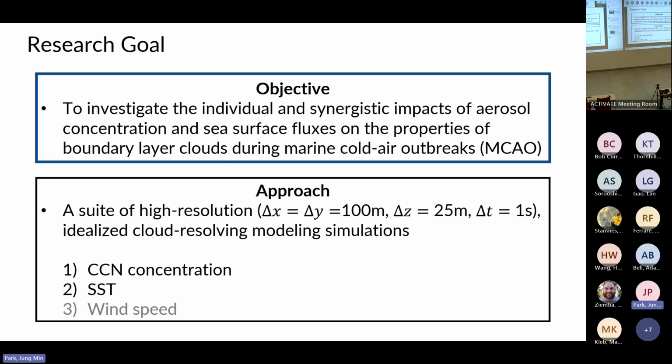We use high resolution idealized cloud resolving simulations, perturbing CCN, sea surface temperature, and wind speed in the initial conditions. Here, the wind speed is marked gray as we haven't added any simulations yet for this factor. As such, the very preliminary results on perturbing CCN concentration and SST will be shown in the later slides.